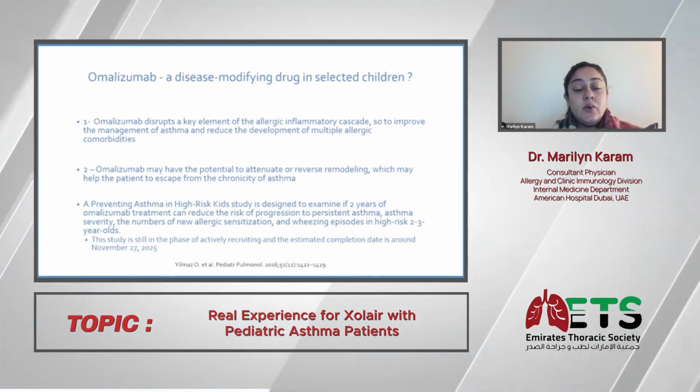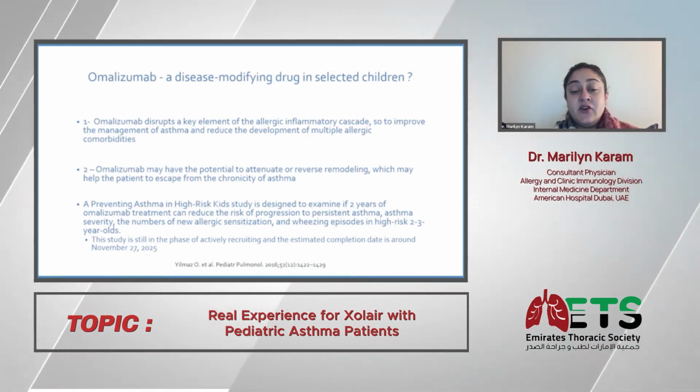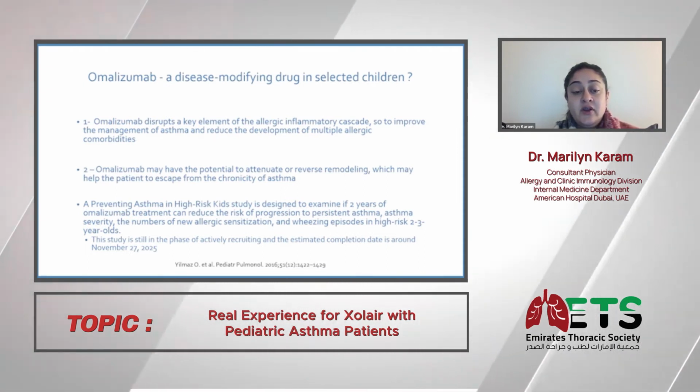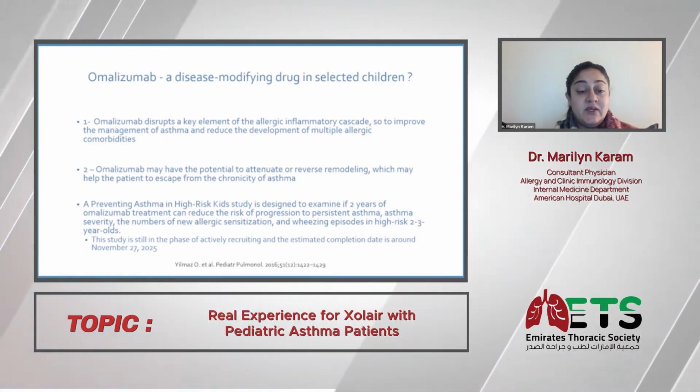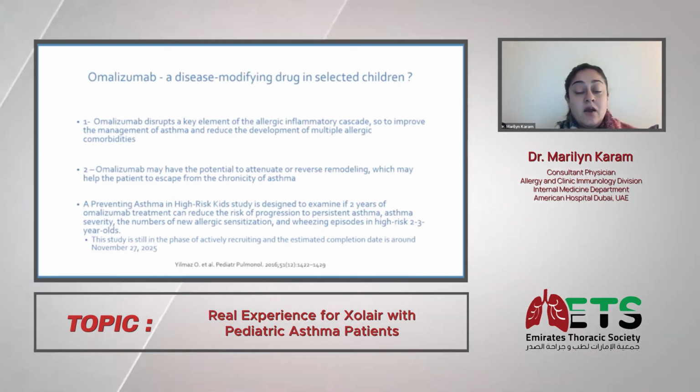I did also want to mention a very nice study that is currently being done. This study is still in the recruitment phase, and it will hopefully be done around November 2025. And this is a study that is looking at high-risk 2 to 3-year-olds.